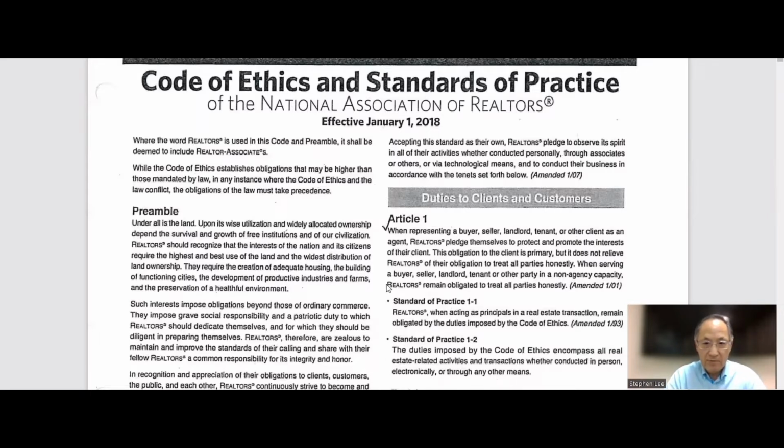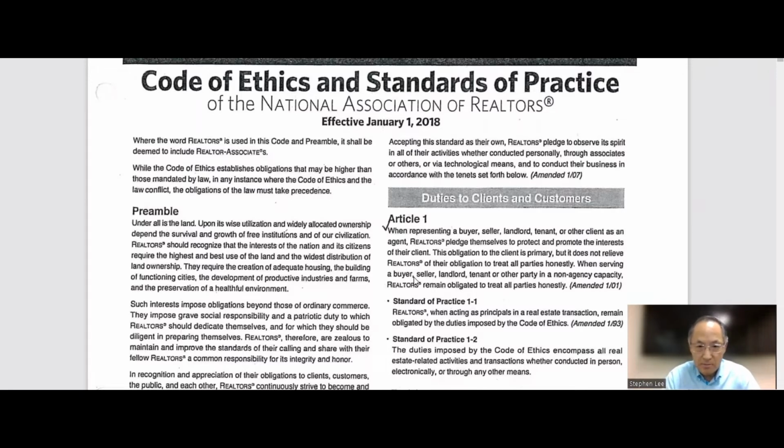So, speaking to the general public, when you have difficulties dealing with licensees, the first thing you can check is whether they are realtors, because realtors have a specific Code of Ethics, and a realtor should follow exactly what the Code of Ethics proposes.